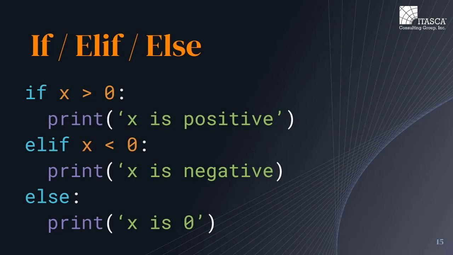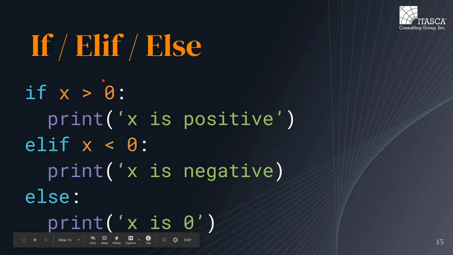Now, it's also possible to include additional if branches within an if-else statement. So in this code, for example, this first Boolean is evaluated initially. And if x greater than 0 evaluates to true, this print x is positive statement is executed and the rest of the code is then ignored.